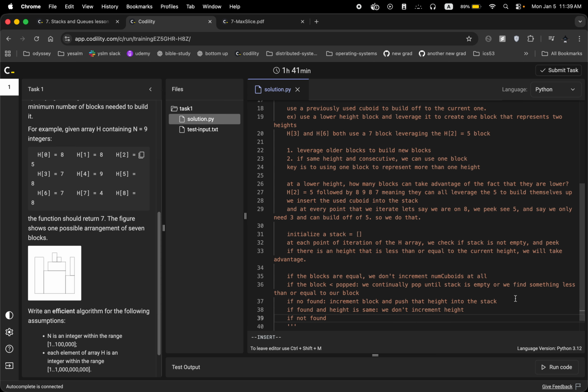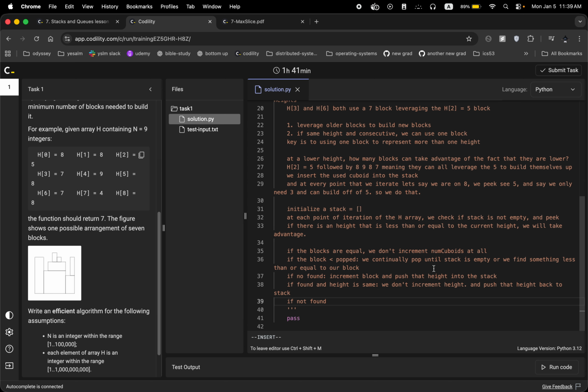If not found, if the height is too big, we just pop. If the height is smaller, can we guarantee that we won't find anything in the stack that's going to do better? Yeah, no, we won't.